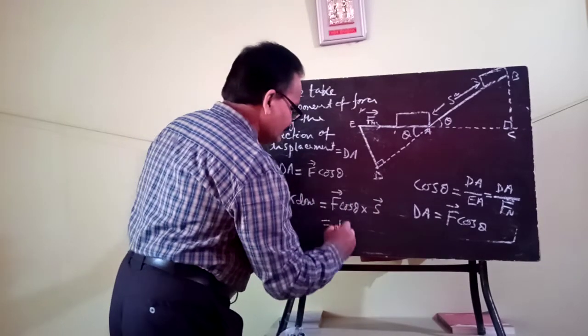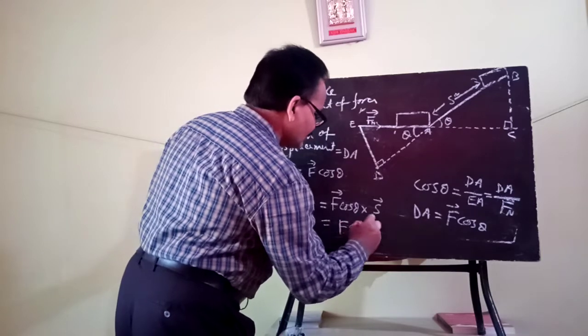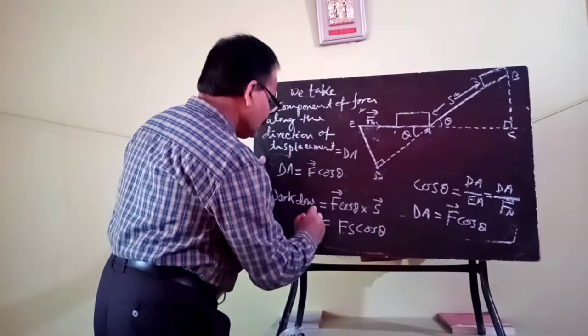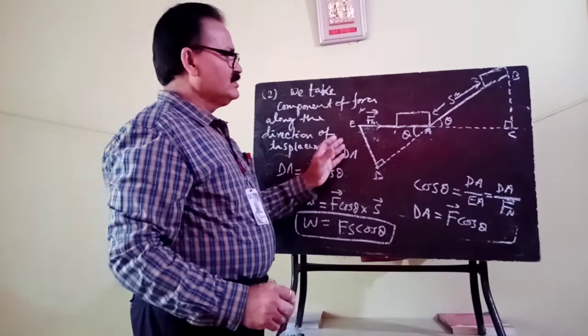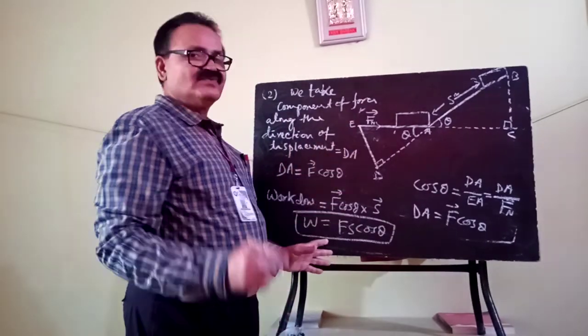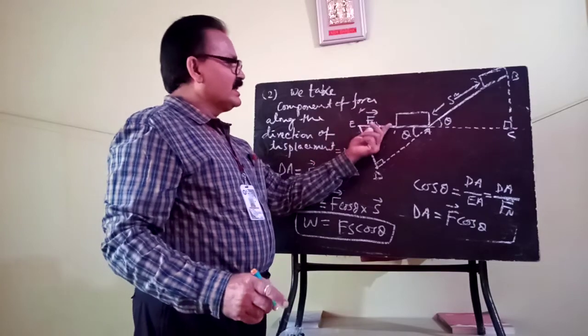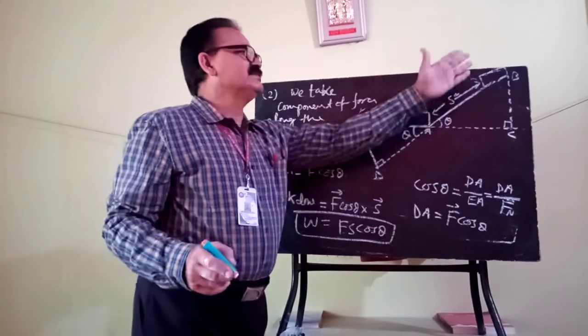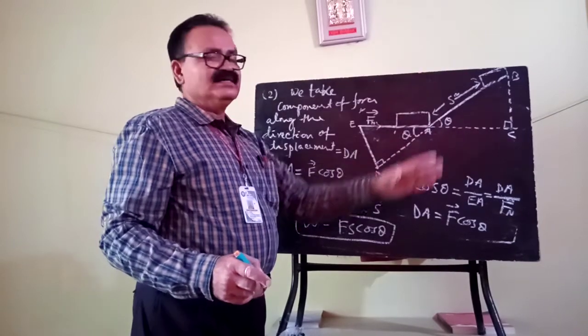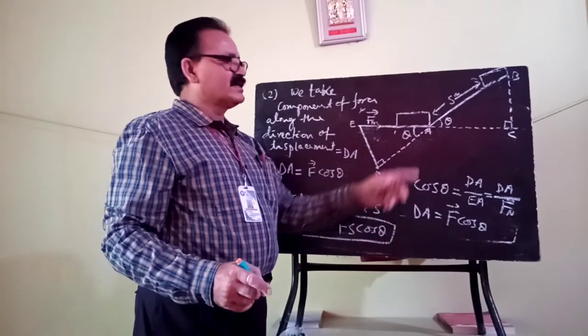So this is again Fs cos theta. W equals again Fs cos theta. Here in this case, what we have done, we have taken a part of force used to shift the object by making an angle theta.